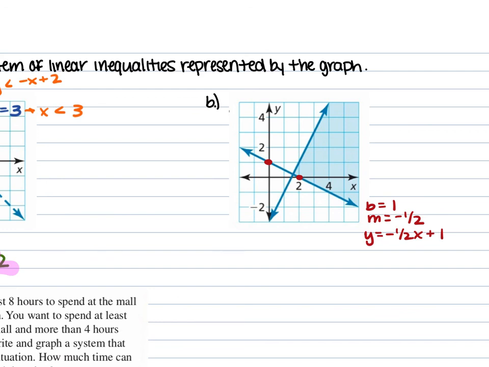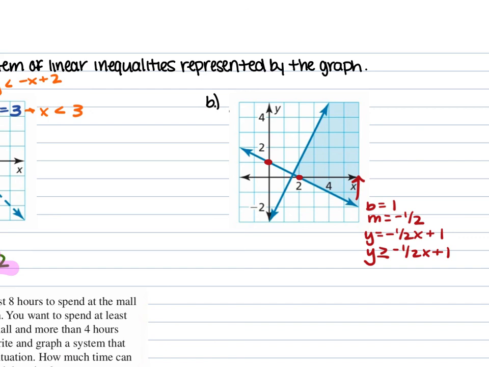Now with this, your shading is going above this line. So that would turn into y is greater than negative 1/2 x plus 1. It is a solid line, so you want to put that equal to underneath that inequality symbol as well. So your final inequality for that line is going to be y is greater than or equal to negative 1/2 x plus 1.